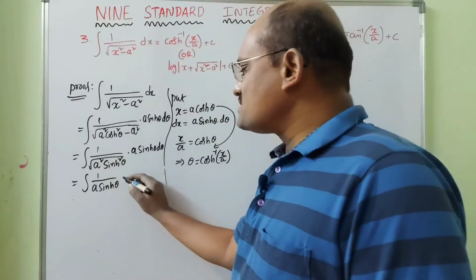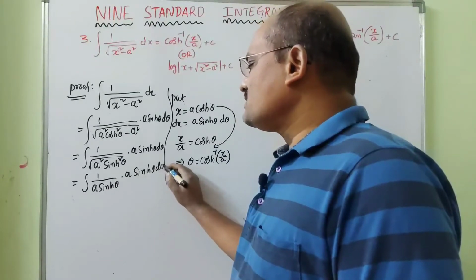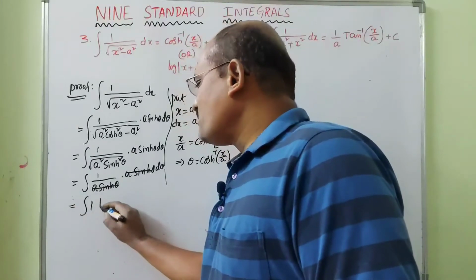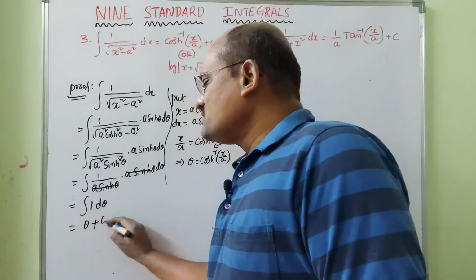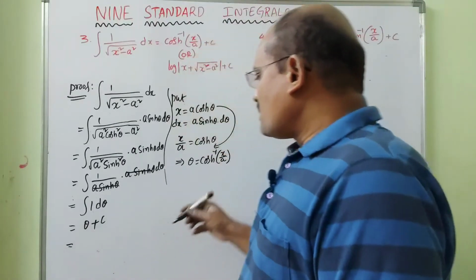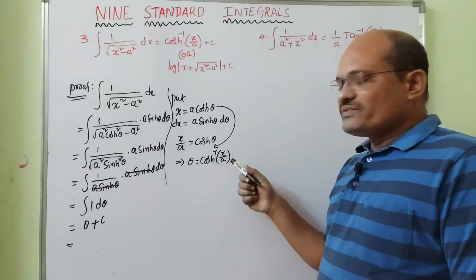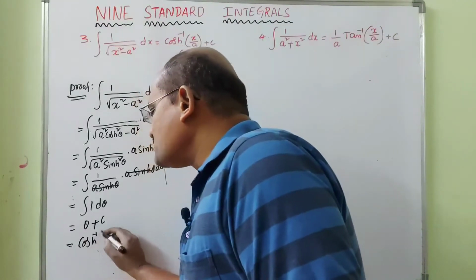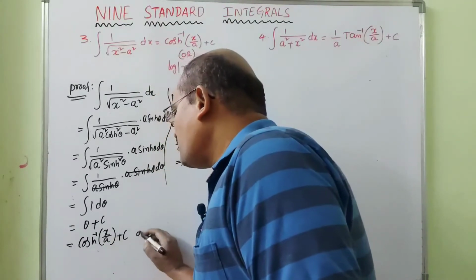Square and root get cancelled. You will get a sinh theta d theta. These two get cancelled. Only one is remaining. Now integrate with respect to theta. You will get theta plus c. At the end, clearly mentioned, theta is cosh inverse of x by a. You write here cosh inverse of x by a plus c.